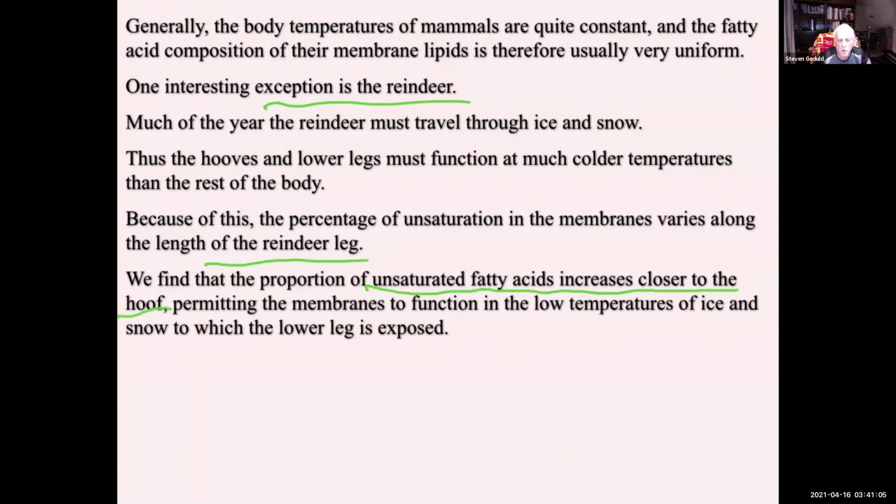As it gets colder and colder, then we have the more unsaturated fatty acid because those are the ones that are not going to stick together and need to move in a cold environment. Okay. This permits the membranes to function in low temperatures of ice and snow where the leg is exposed. As you get away from the hoof and the legs, as you're more towards the top, you're going to have more saturated fatty acids because it's warmer up there. And they don't need all those double bonds to help prevent it from moving around.